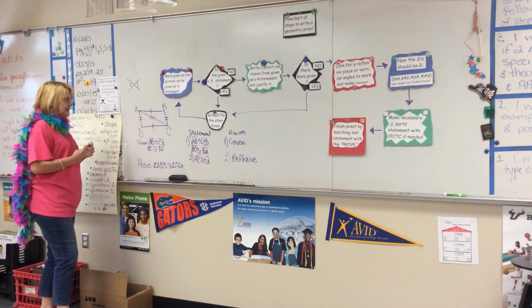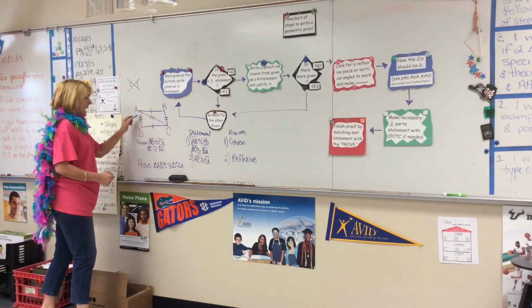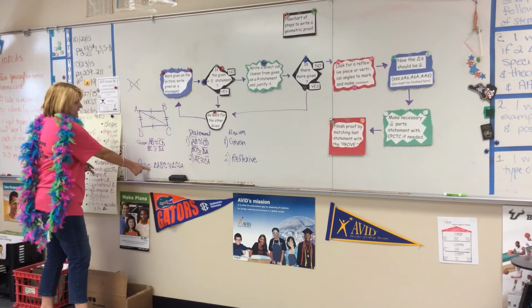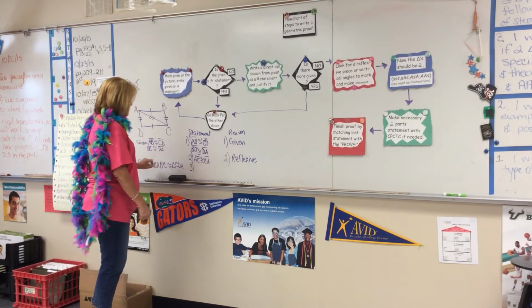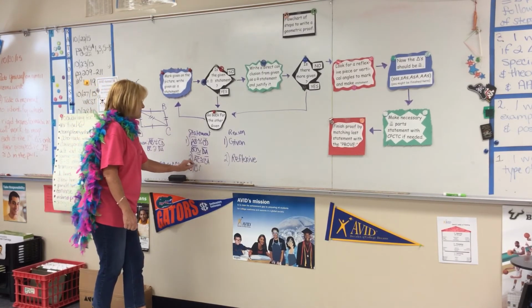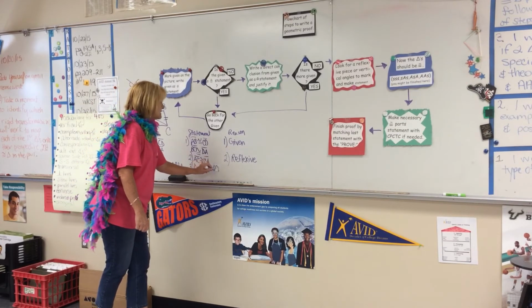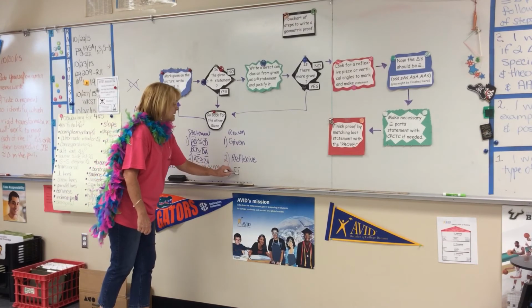Why, yes, I think I do. I have side, side, side, and side, side, side. So my last statement, which should match the proof statement, is triangle ABC congruent to triangle CDA. And that's by side, side, side.